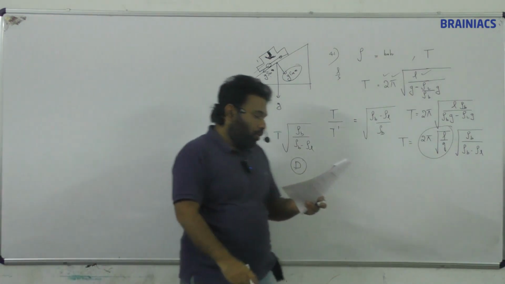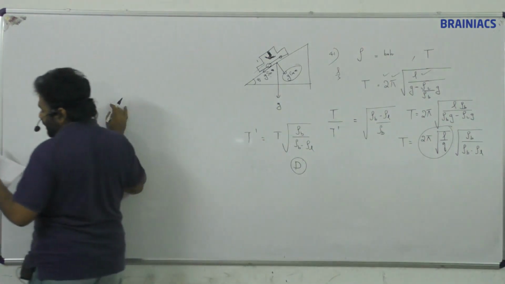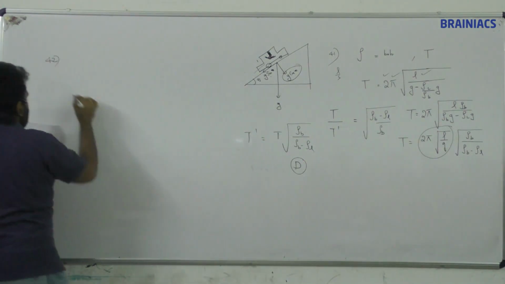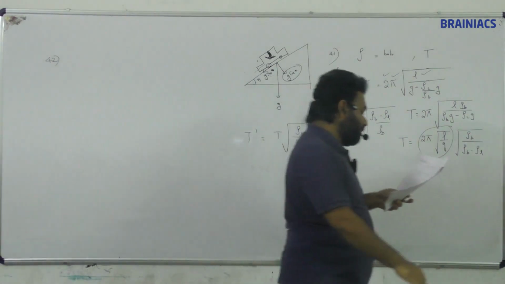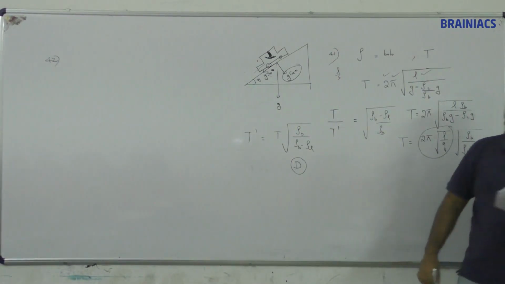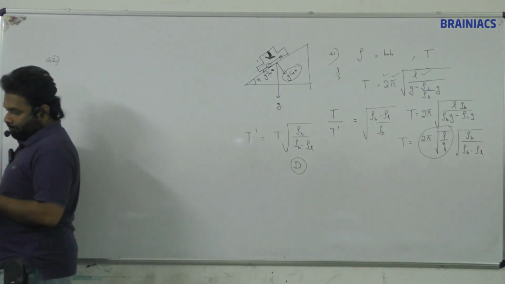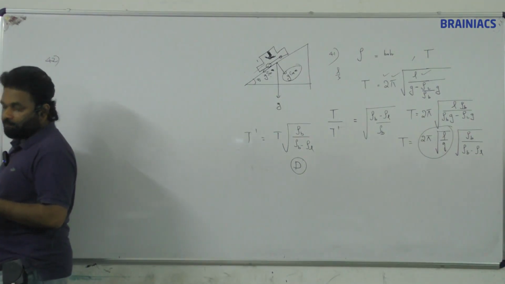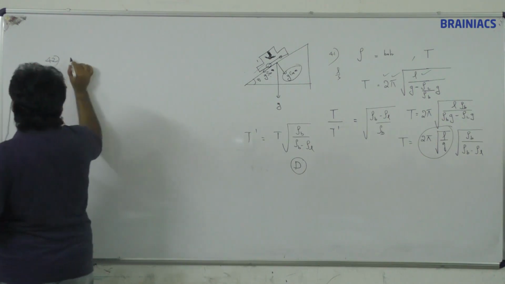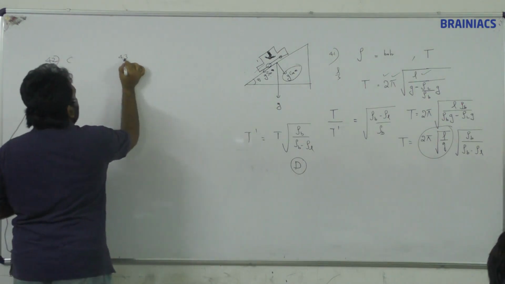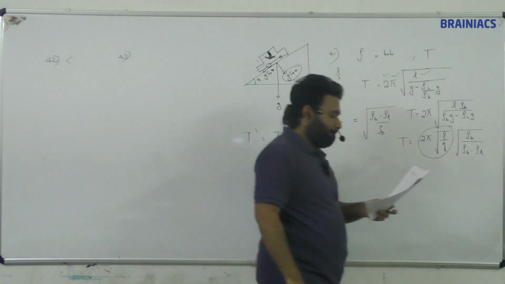Question number 42. The period of a simple pendulum is doubled when its length is made 4 times. See, direct question. Okay, leave it. Question number 43.